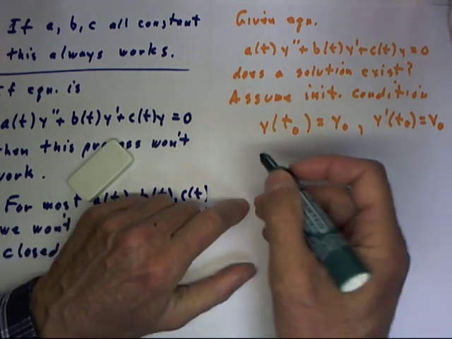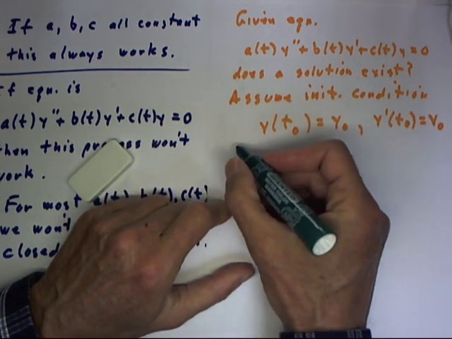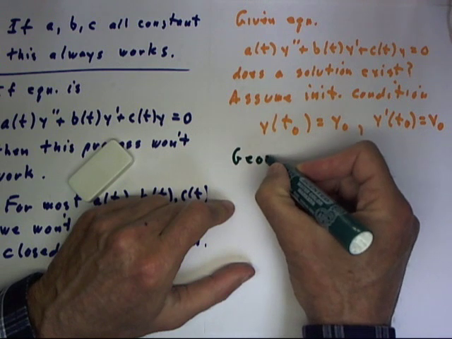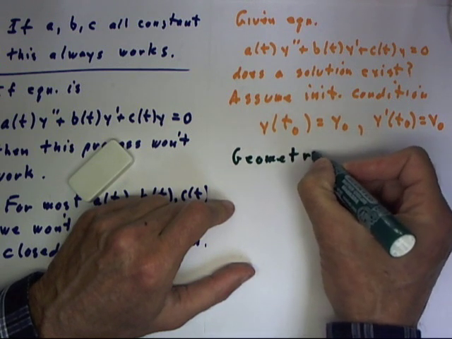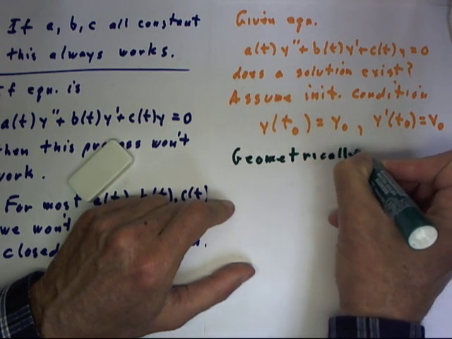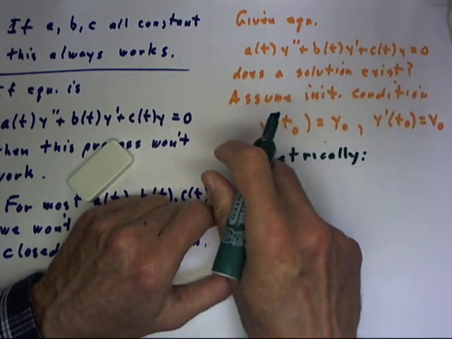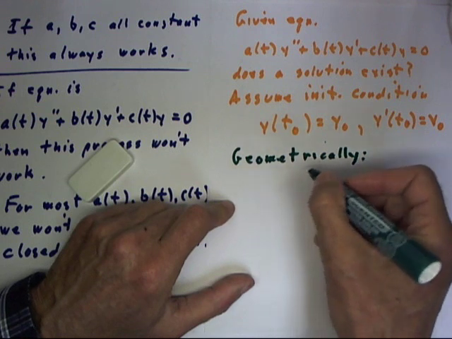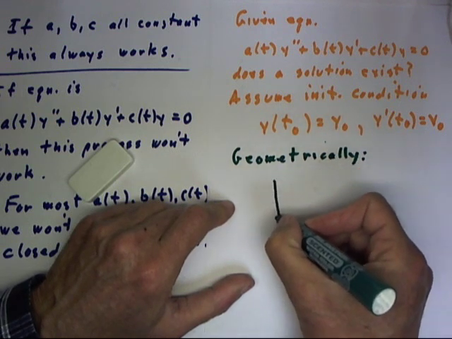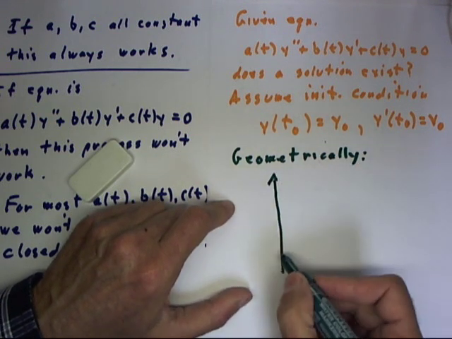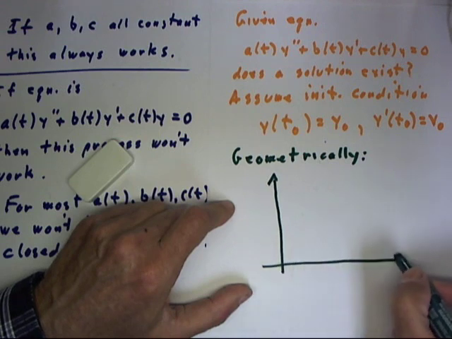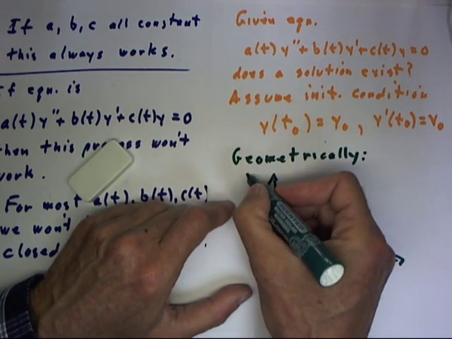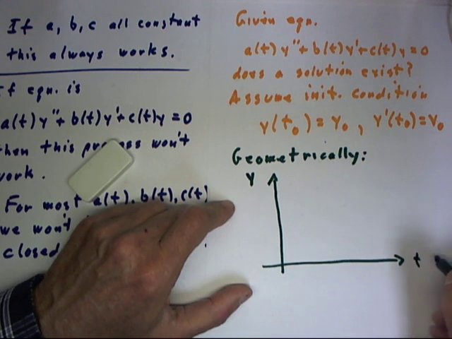Now we want to first consider this question geometrically. What does it mean to have a differential equation with initial conditions? Well, geometrically, this simply means that we have a graph of y versus t.